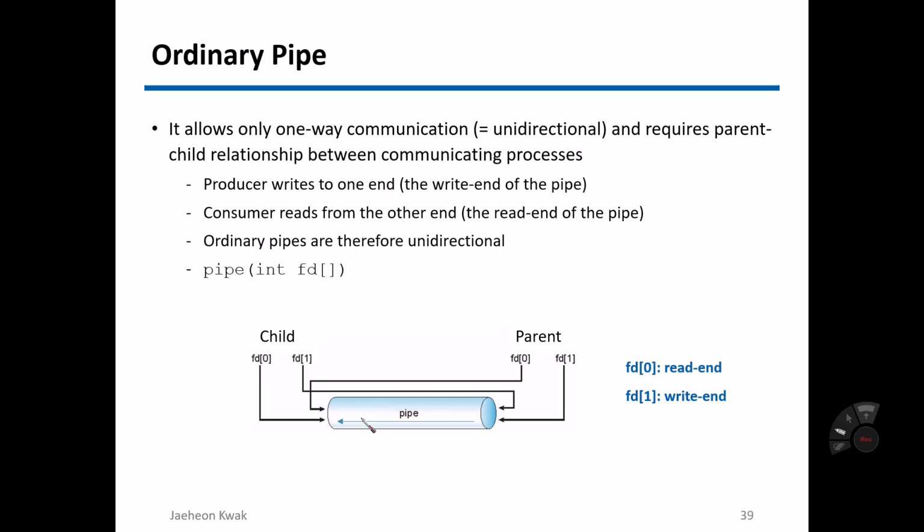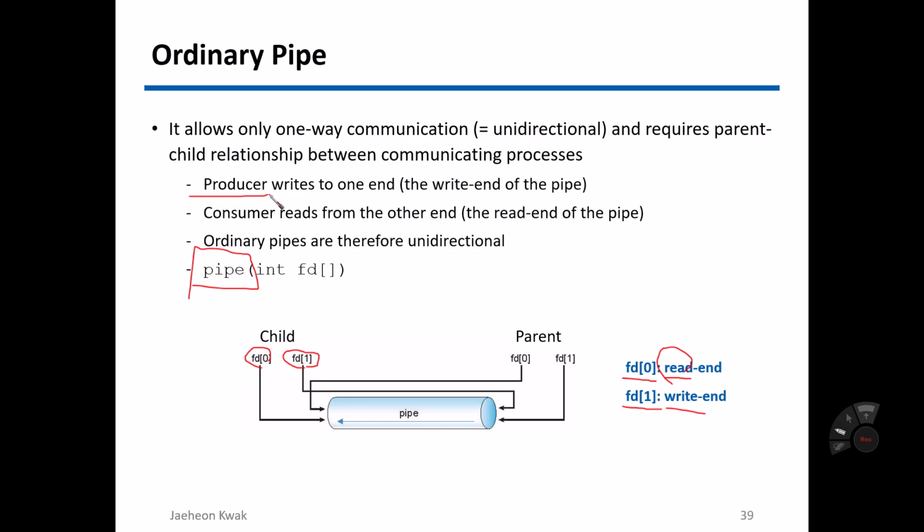By calling the pipe function, we get two file descriptors, fd[0] and fd[1]. fd[0] will be used for the read, and fd[1] will be used for the write.